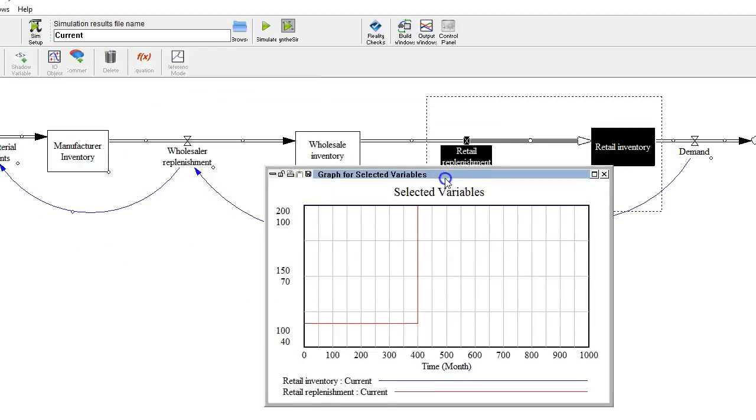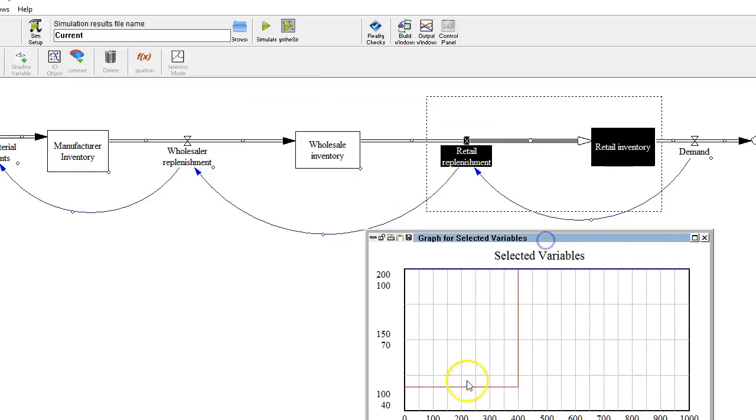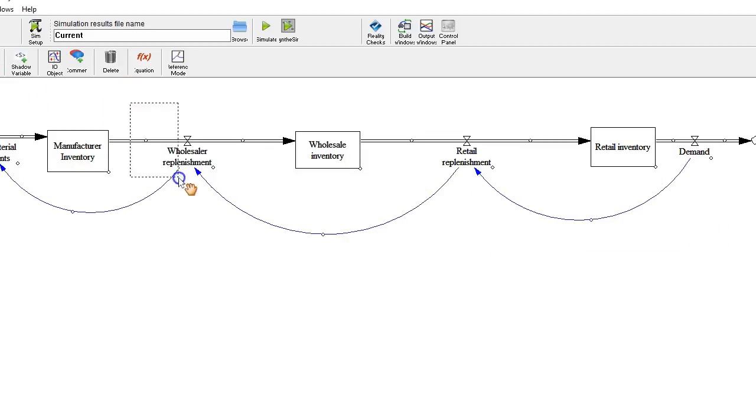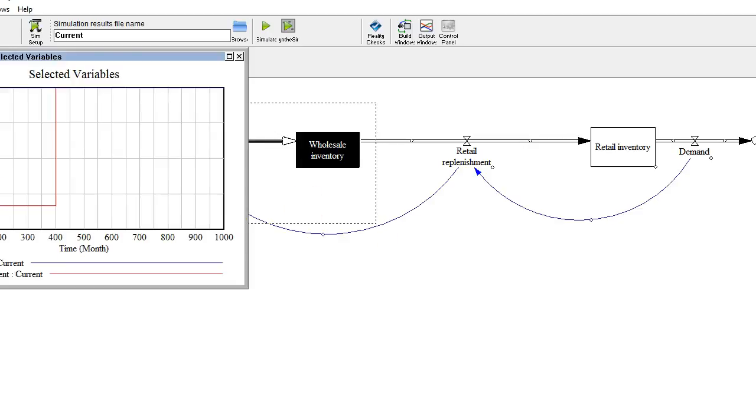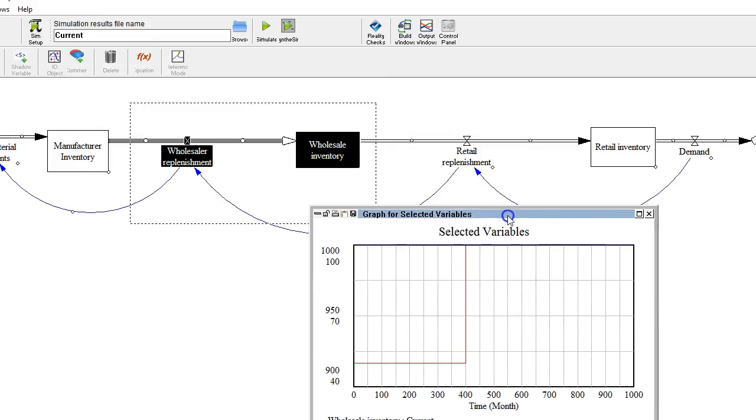If we make the analysis for the replenishment and the retailer and its inventory, we can see as well the replenishment is just increasing from 100 to 200, and the inventory at the retailer again remains at 100. Now, what happens with the inventory and the replenishment to the wholesaler? We're going to have exactly the same behavior.